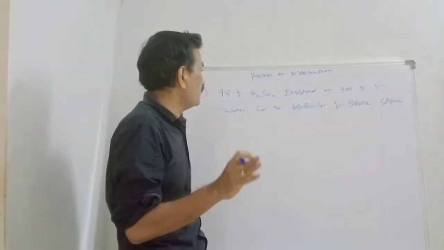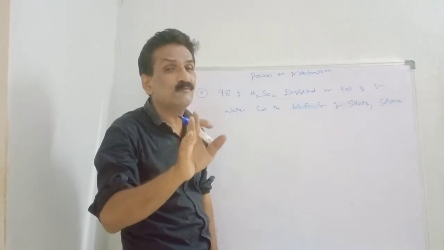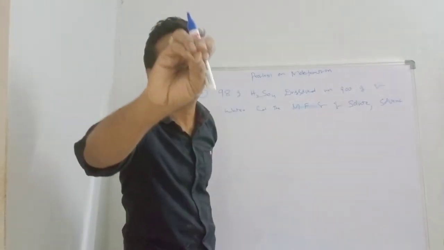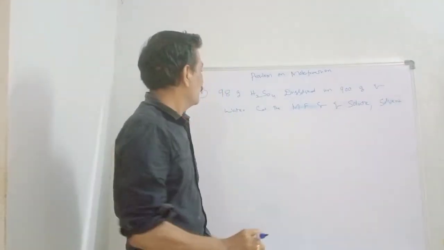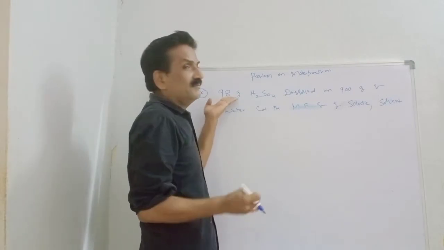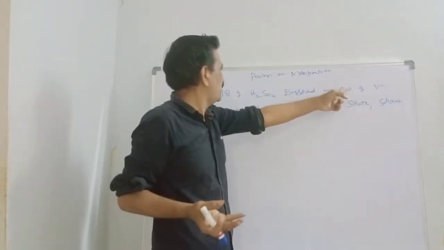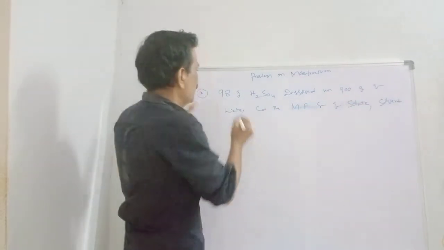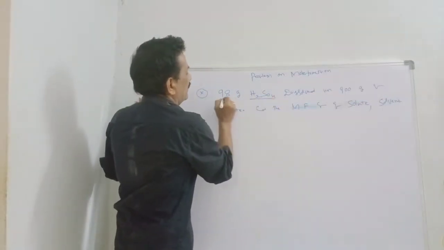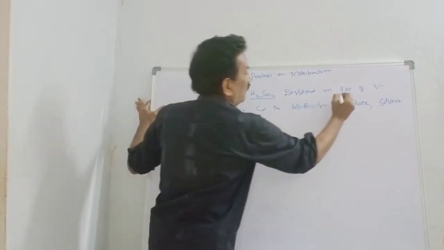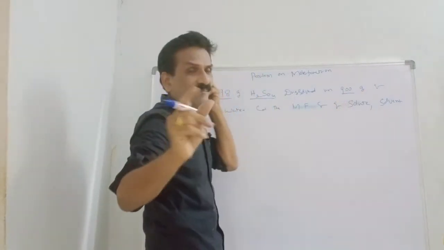First of all, you have to identify which is solute, which is solvent. You see, the lesser quantity, sulfuric acid or water? No doubt about it. Sulfuric acid, 98 grams. Water, 900 grams.